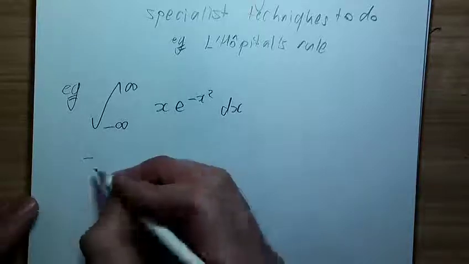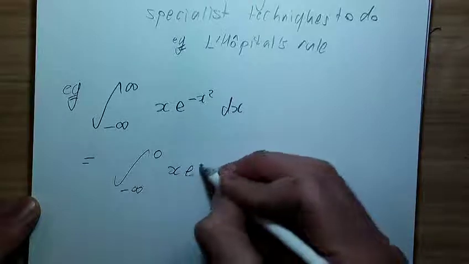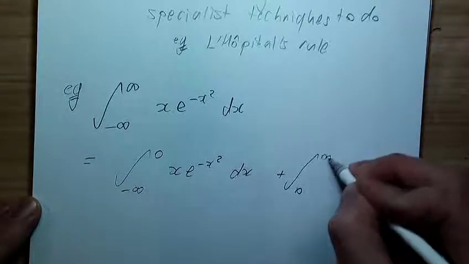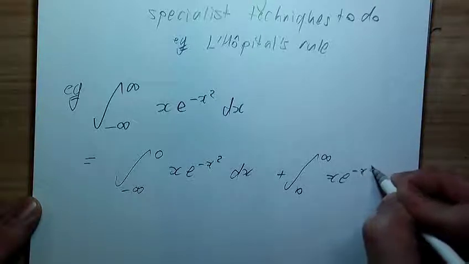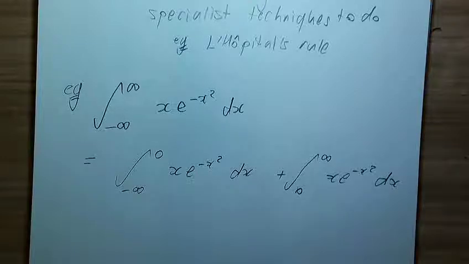So what I'm going to do is split this into the bit from minus infinity to 0 and the bit from 0 to infinity. That's the way of dealing with it. Turn it into something that involves a number. Stick a number in the middle and do the integral up to that number and then from that number.